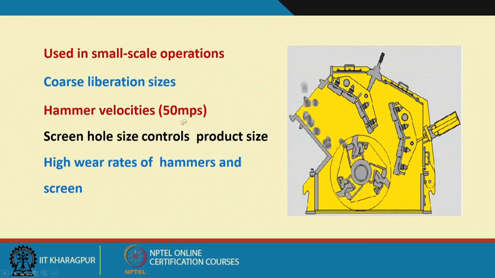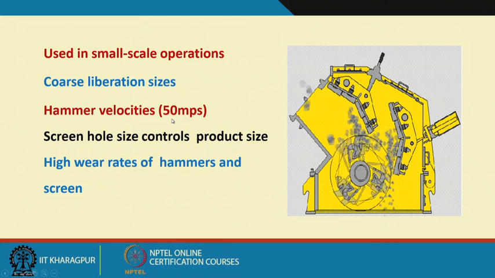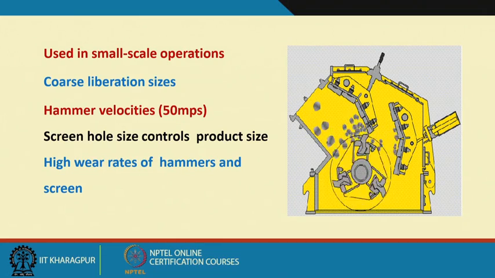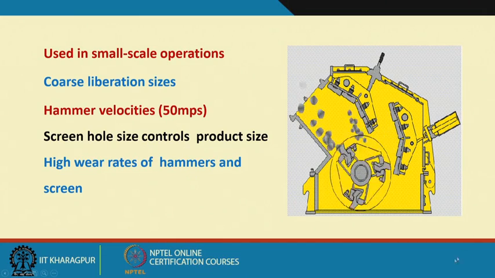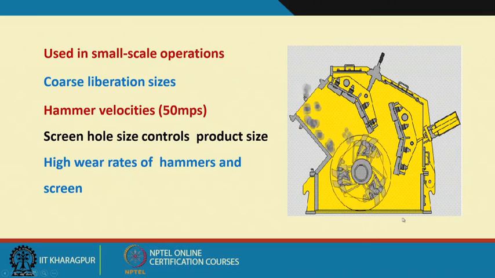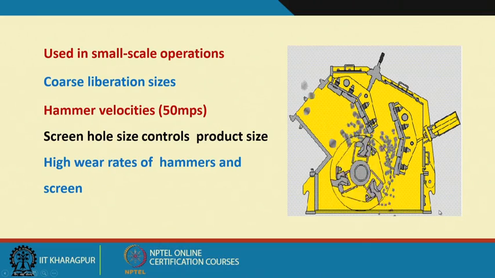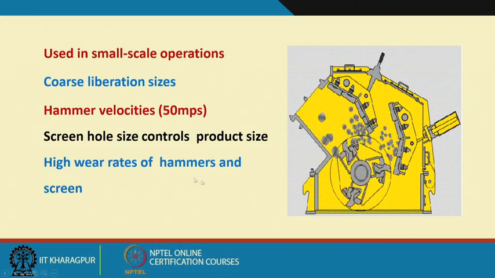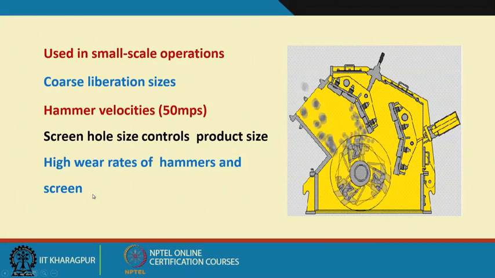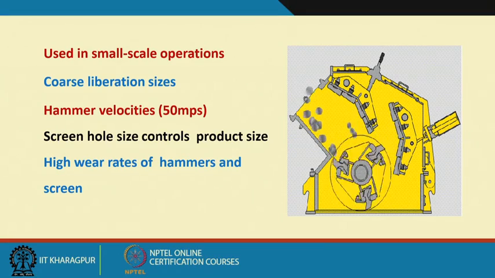Hammer velocities are around 50 meters per second. Screen hole size controls product size, as I have already said. But there are high wear rates of hammers and screens if the material is abrasive.